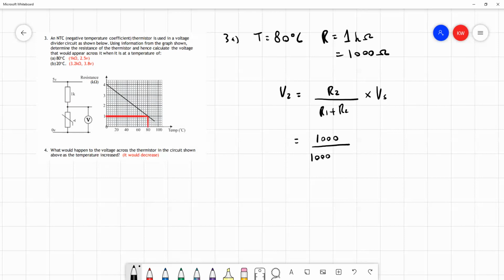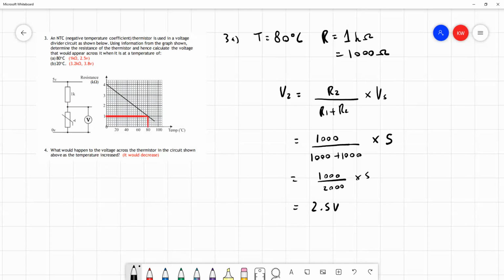That's the top resistor on the diagram. Multiplying by the supply voltage of 5 volts, we have 1000 over 2000 times 5, which is the same as a half times 5. Putting all of this into our calculator, we get 2.5 volts as the answer for 3A.